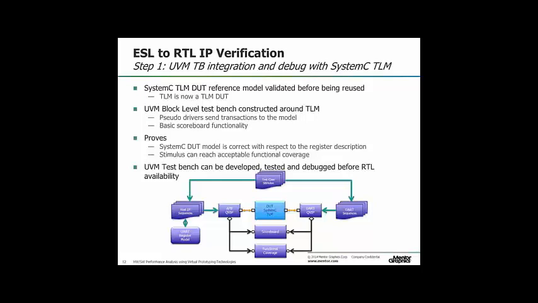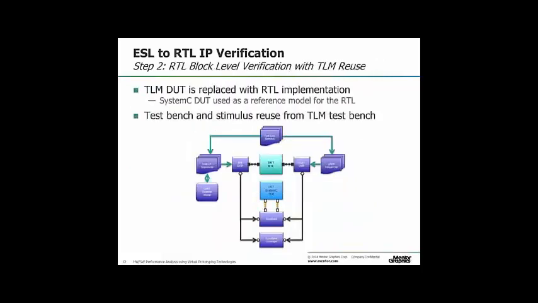Once the RTL DUT does become available, then in fact the SystemC can be switched out, and it can be kept as a reference model, so it can be used along with a scoreboard to prove that the RTL is implementing the same behaviour. So it keeps the test bench and the stimulus exactly the same.